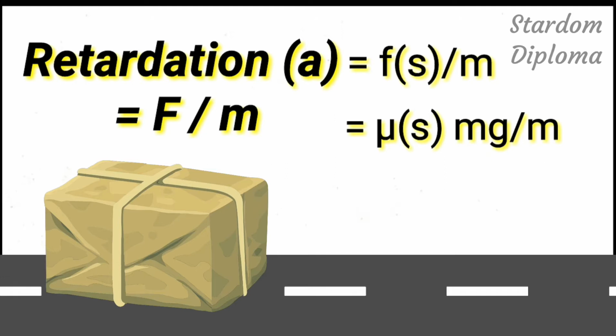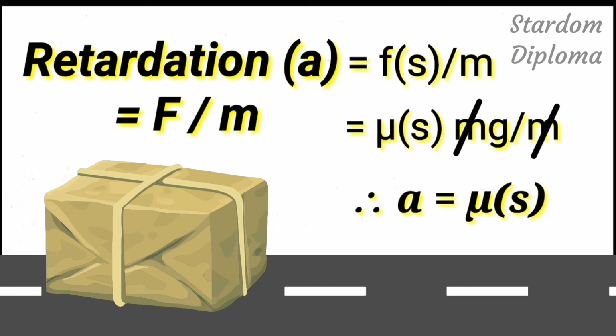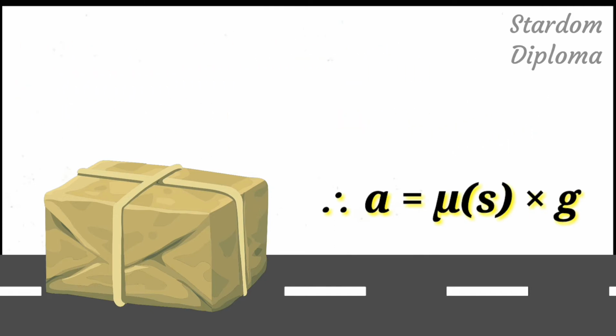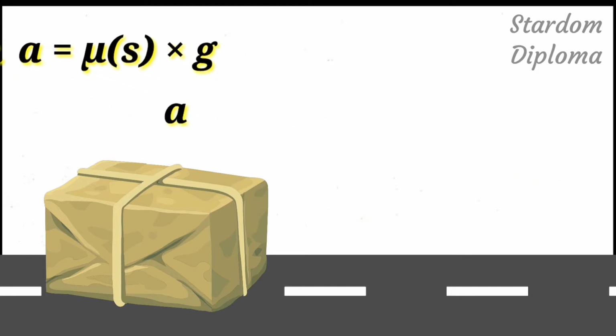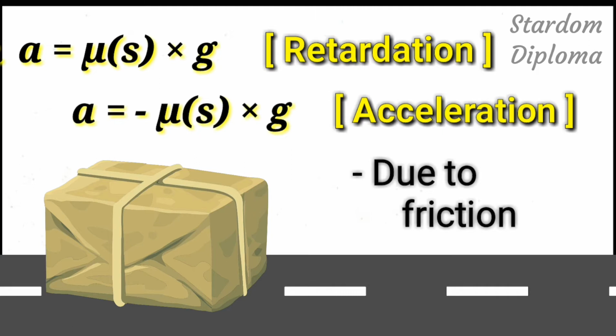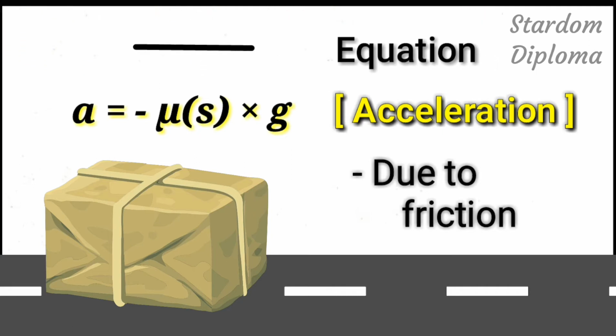Here m, that is mass, will be cancelled in both the numerator and denominator. Finally we will get the retardation, that is mu s g. We said that retardation and acceleration values are the same, but they act in opposite direction, so we'll keep a negative symbol. So the acceleration a will be equal to minus mu s into g. Now let us take this as equation number 1.